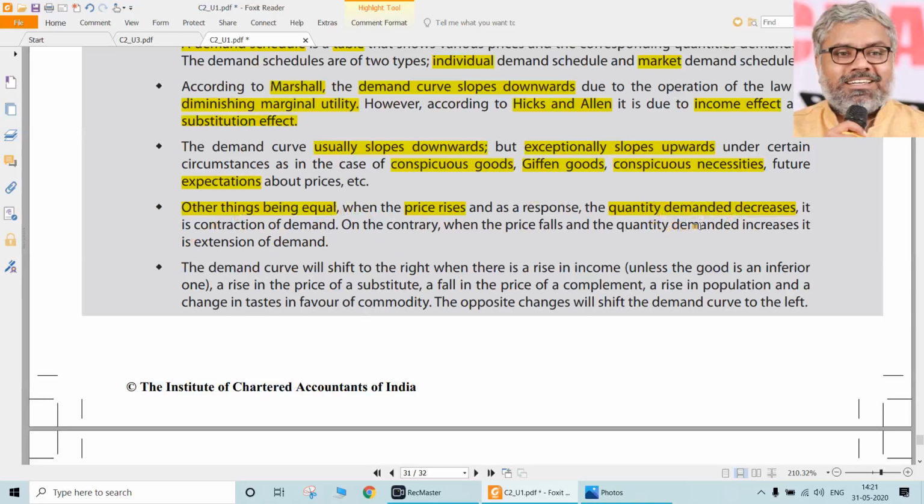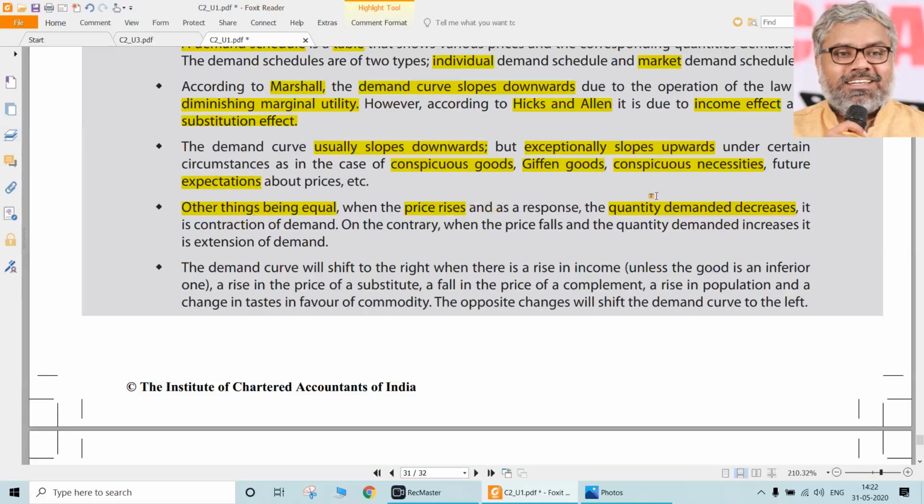And once again, I am repeating the quantity demanded. This is not demand that we are calling. We are calling it quantity demanded because we are testing the relationship of the demand with price. In that context, we use the word quantity demanded. So whenever the word quantity demanded is used, in general, it means we are talking about a change in the price of that commodity.